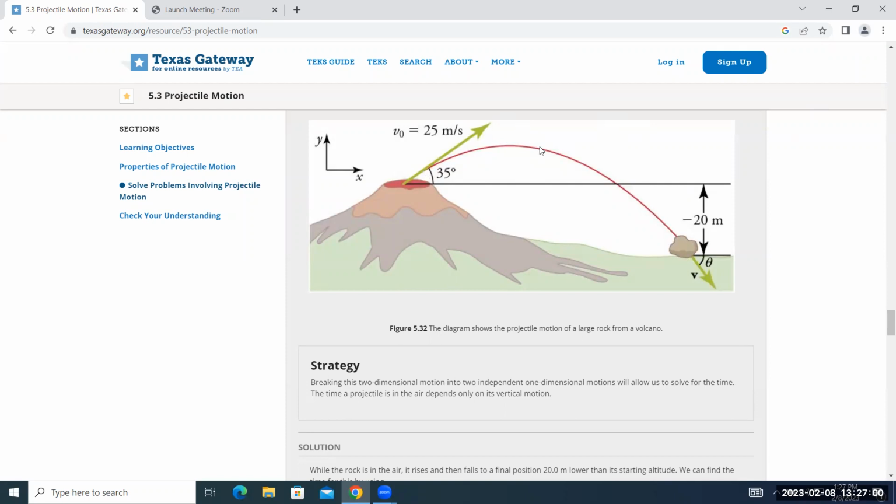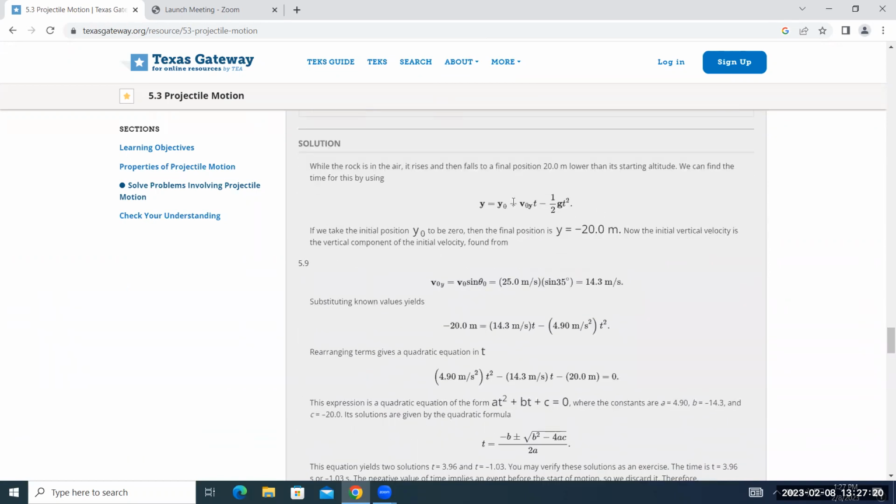Well, that's pretty easy. We know the acceleration due to gravity. We want to find our y max, so we draw our same coordinate system with our x and our y here. If we go back to this equation, our initial position is going to be 0.